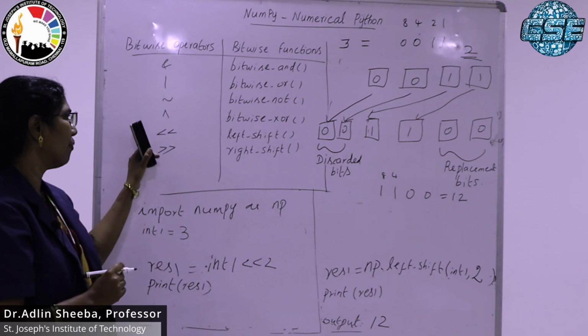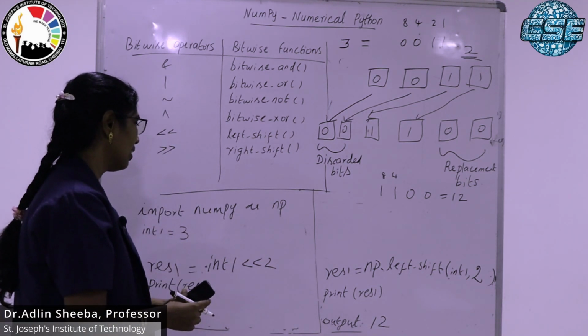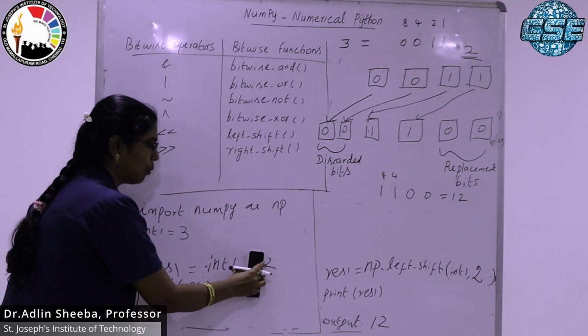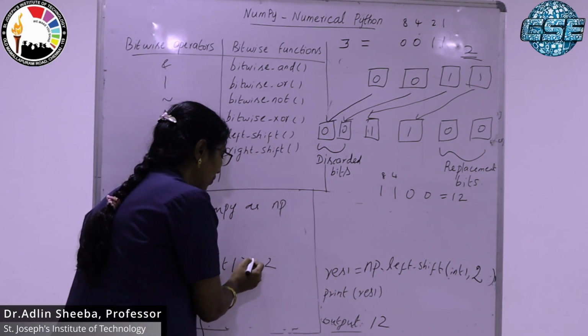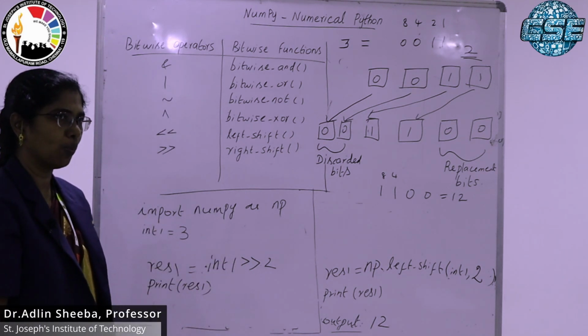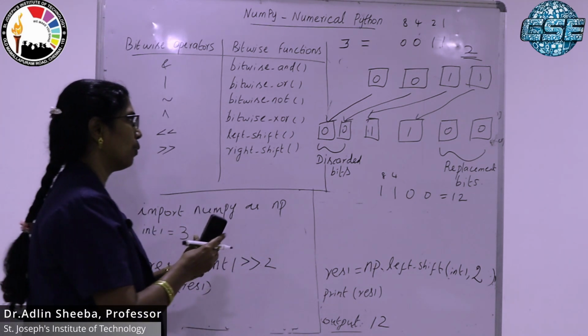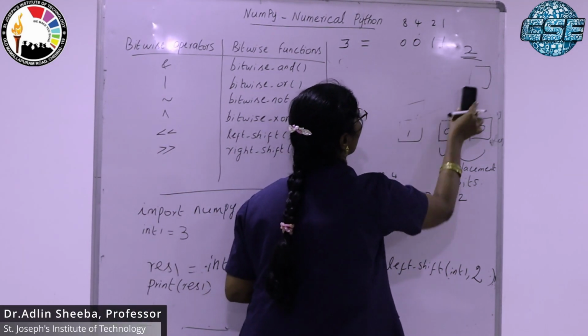The next one we have is right shift. The same example we are going to consider. Instead of left shift we are going to use right shift, again by 2 positions. Now let us draw this diagram.